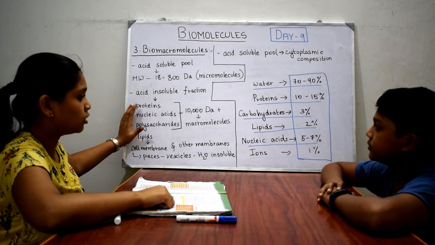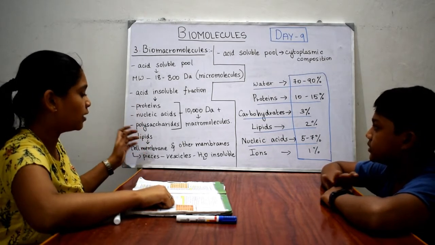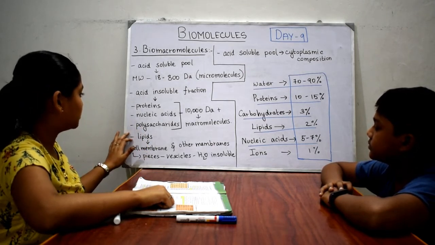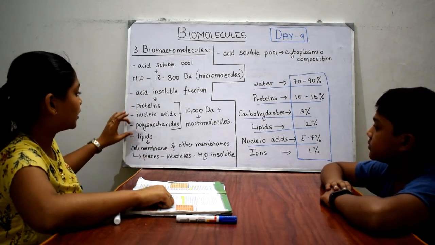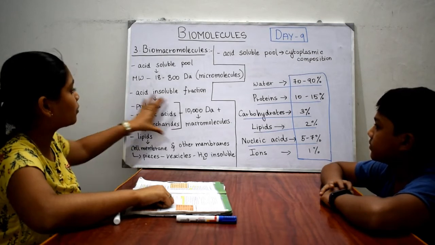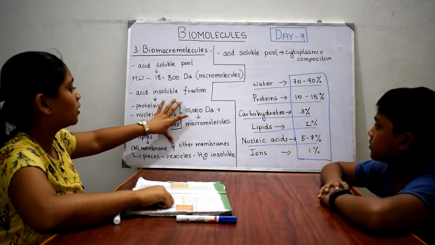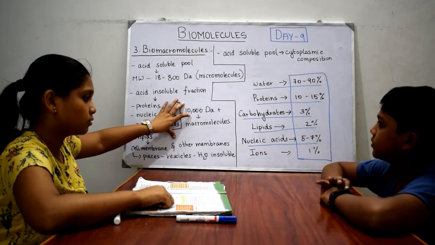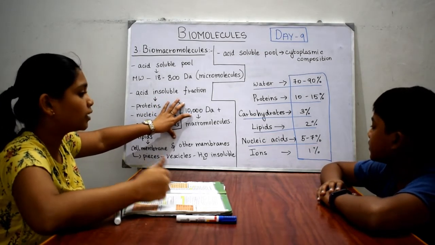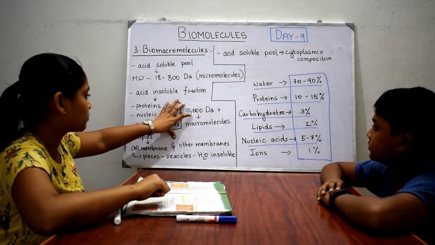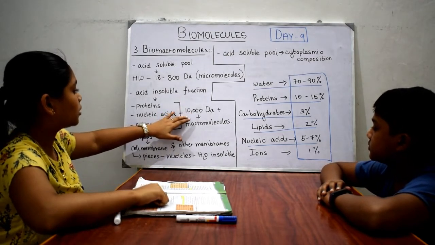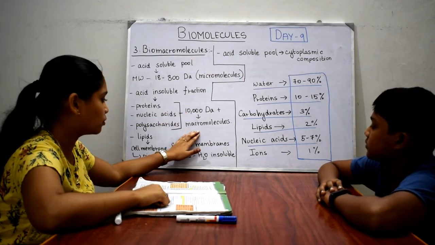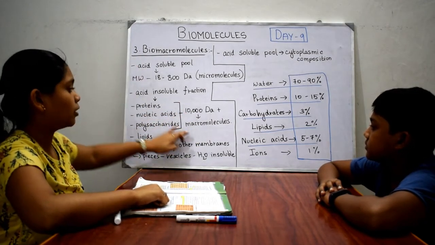Except for lipids, the other three, proteins, nucleic acids, and polysaccharides, have a molecular weight of more than 10,000 Daltons. Since they have such a large molecular weight, they are known as biomacromolecules. We are going to discuss biomacromolecules here.